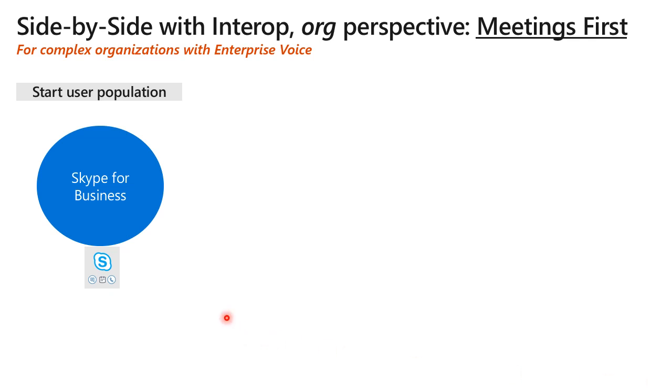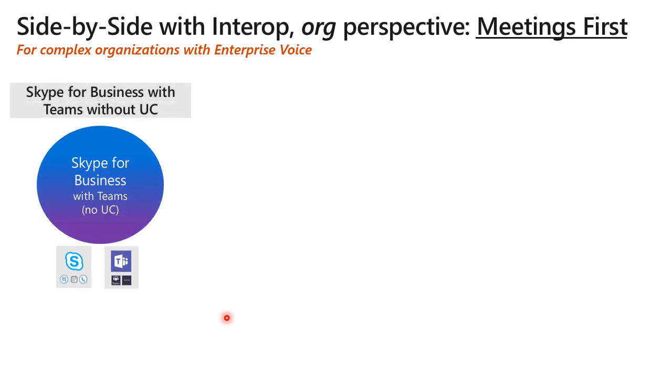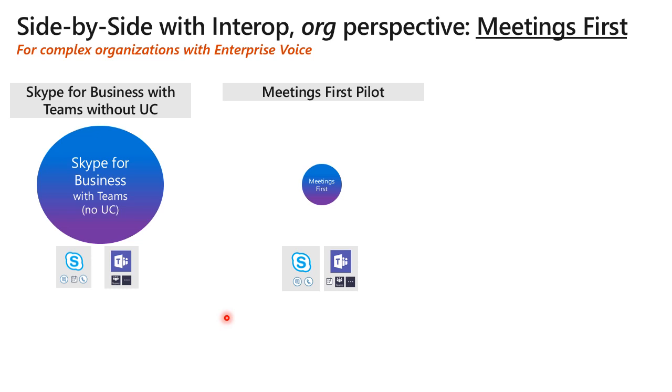So if we look at this example, again, from the organization's perspective, we start with our user population on Skype for Business. Option A could be, like we talked about before, we introduce Skype for Business with Teams, but we don't introduce any of the UC stuff. We just give them collab. I'm really excited about maybe even starting here with our meetings first pilot, where we introduce the ability for the user to start leveraging the meetings workload immediately within Teams.